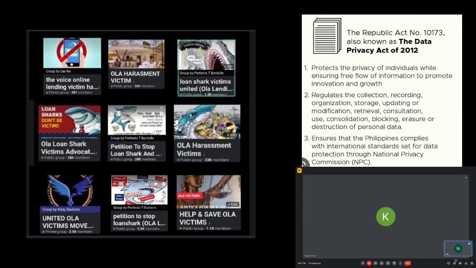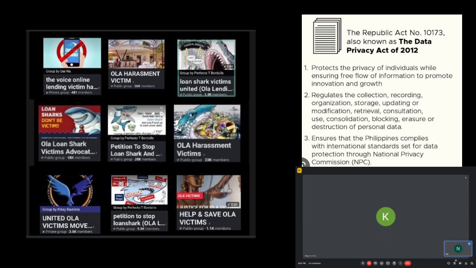Okay, so we also have the right to suspend, to withdraw, or order the blocking, removal, or destruction of our personal information from the controller's filing system upon discovery and substantial proof that the personal information is incomplete, outdated, false, or unlawfully obtained, no?